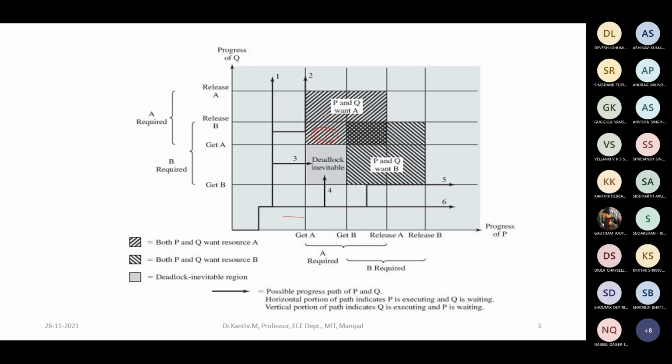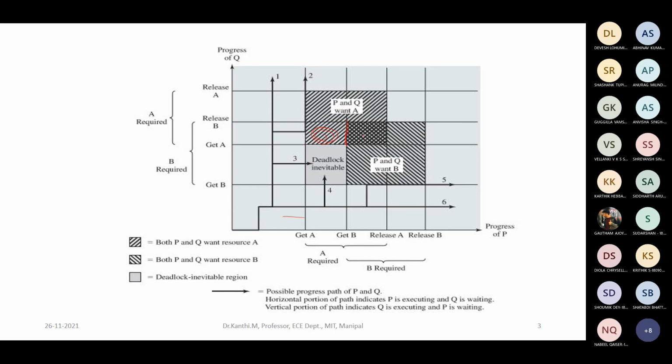And here again, you can see that process P wants A, and process Q also wants A. So till here I can say that both want A and B, so there will be deadlock situations.